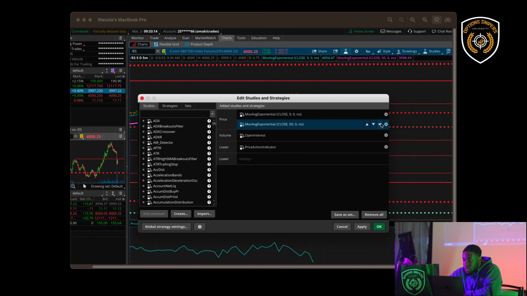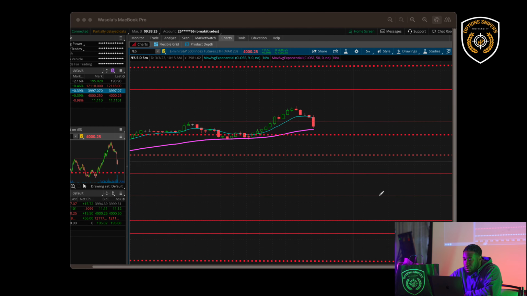It doesn't look like sellers or buyers are willing to see this go significantly below 4,000. Let's see if it still holds. We're just waiting for things to come to us at this point, guys.